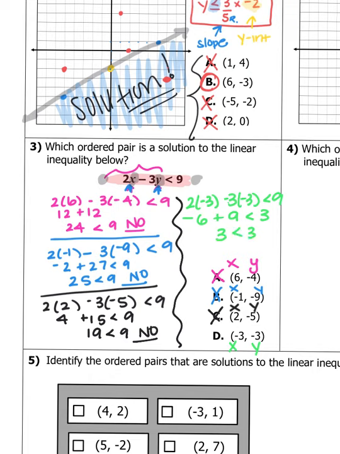Is 3 less than 3? Oops, I just changed that to a 3. This was a 9. Duh. Is 3 less than 9? Yes, it is. So D is your answer.